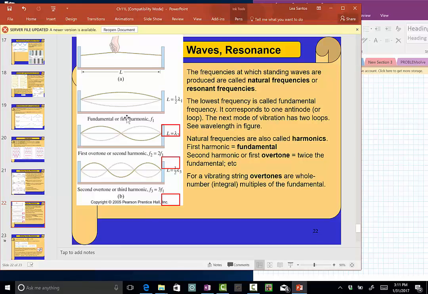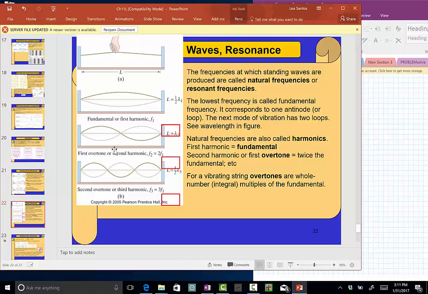Okay. There are also different names for that, which is a bit confusing. So first, second, third, fourth harmonic, and so on. Or you can say that this first one, the lowest frequency, is the fundamental. That's another possible name for the first harmonic. And if you use this word fundamental, the first one on top of this fundamental, which is the one where I have a single node in the middle, becomes known as the first overtone.